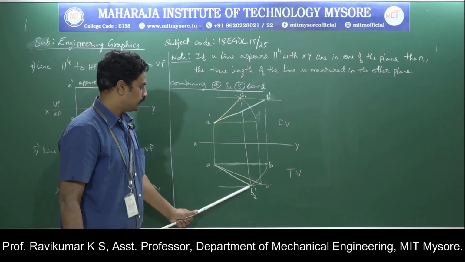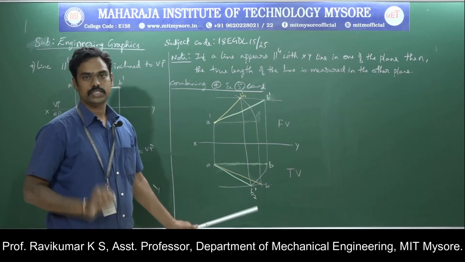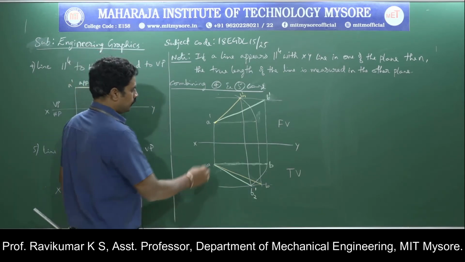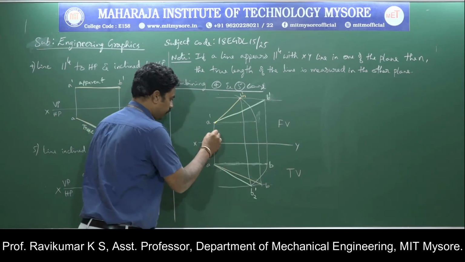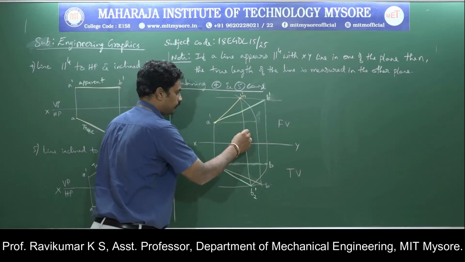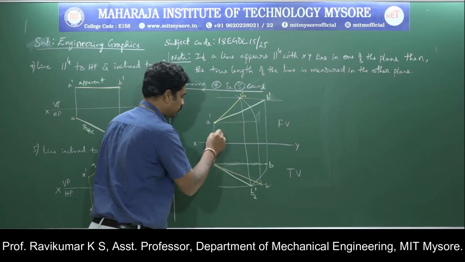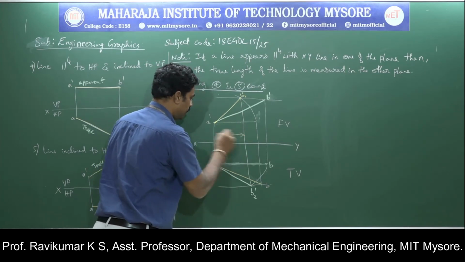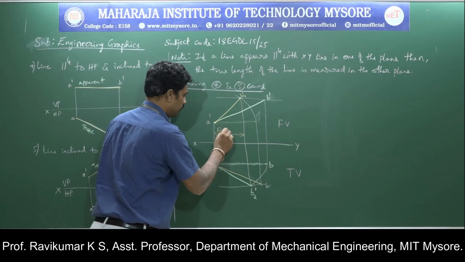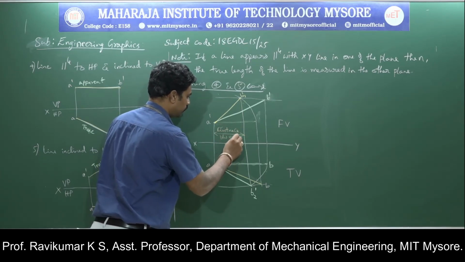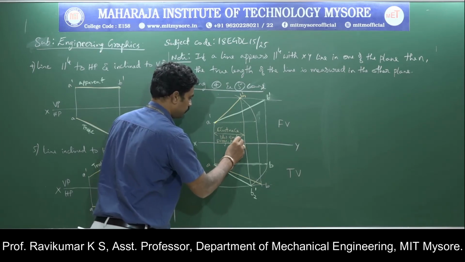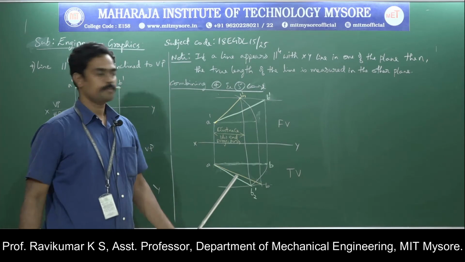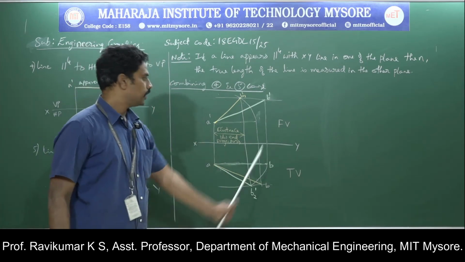B1 dash as well as B2 dash should fall in the same line. And the distance from the projector of A dash to the projector of B1 dash, B2 dash is called the distance between end projectors. Okay. So this is the complete solution.